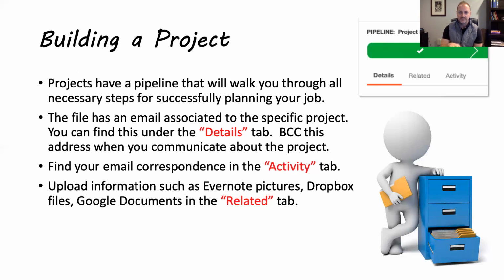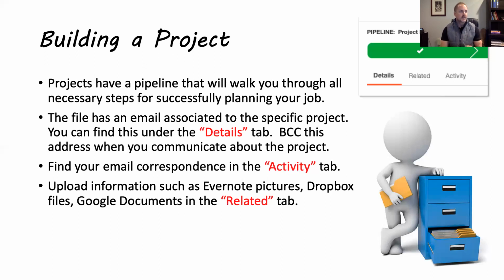If you blind copy it, it's just going to continue to funnel that in, and it organizes it for you by the date that it was received. Once you blind copy it, as long as that thread continues when you're talking with the customer, it's all going to funnel right into your Activity tab. So Details gives you that email address, and your Activity tab is where it's all going to be captured.